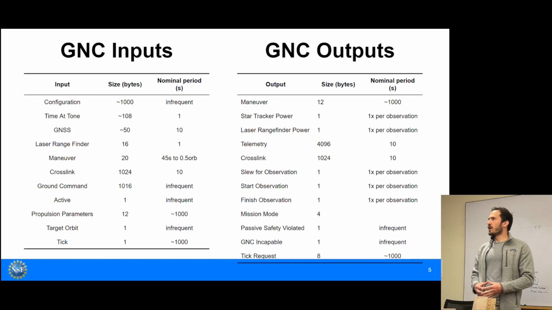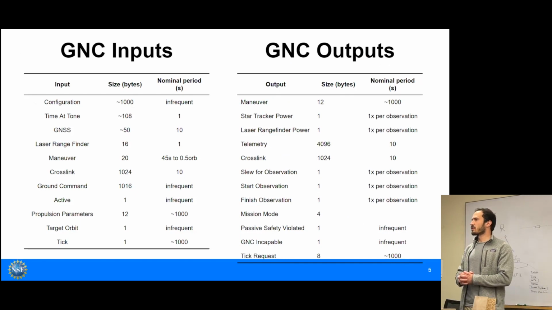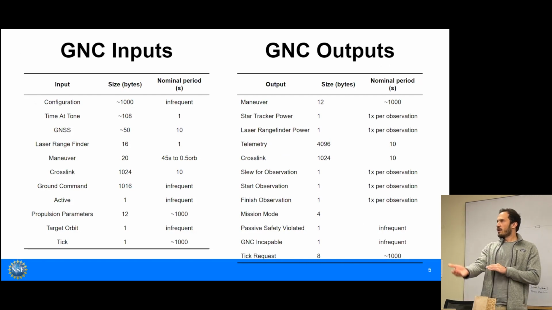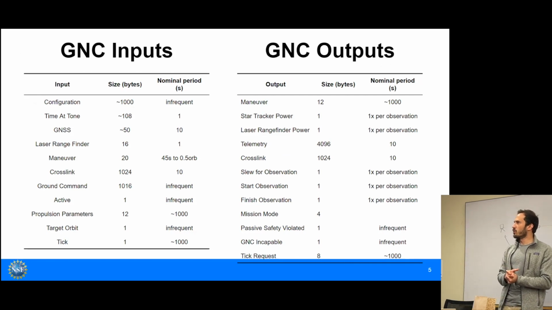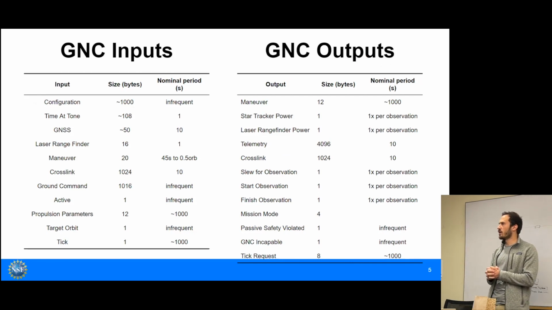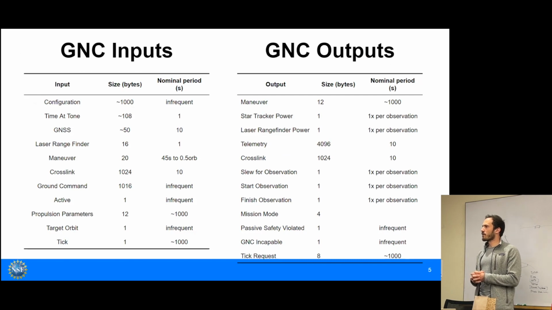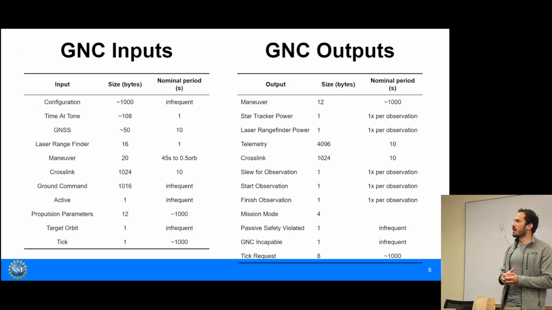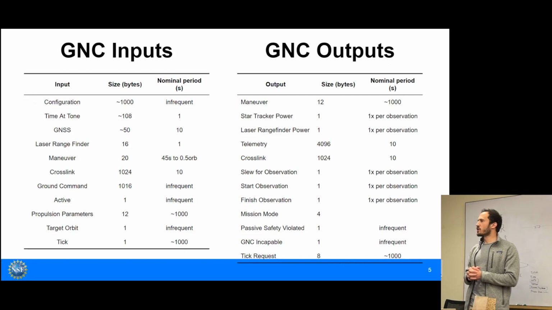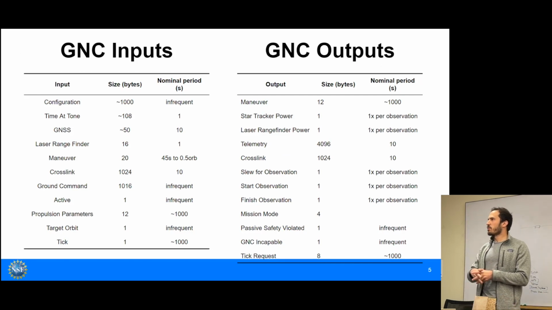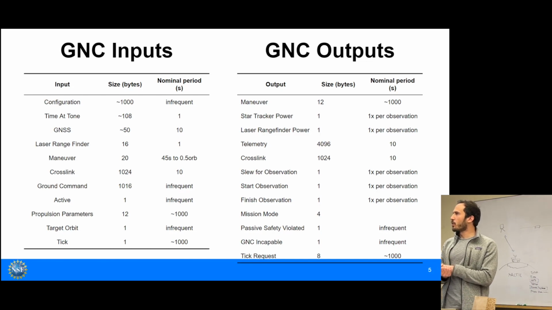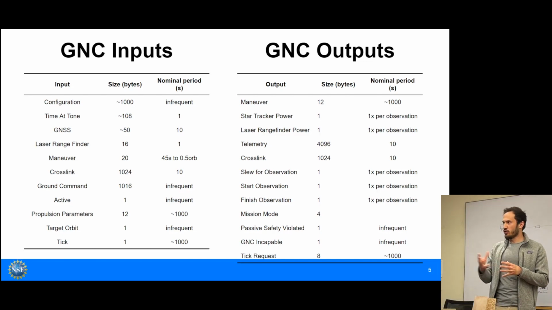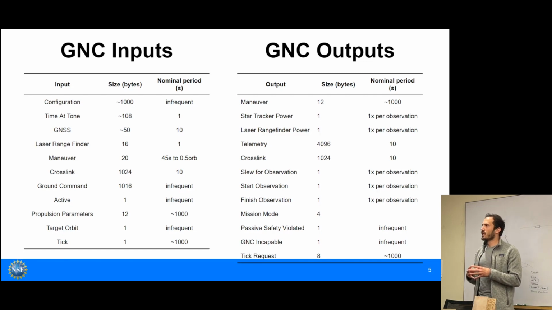Going briefly through the inputs and outputs, here we present essentially an overview of the inputs characterized by the receiving subsystem, and instead we are characterizing more the specific outputs which are ejected by GNC. Here I don't want to go too much into the details, but to give a high-level idea, for example, we will receive GNSS GPS measurements every 10 seconds.